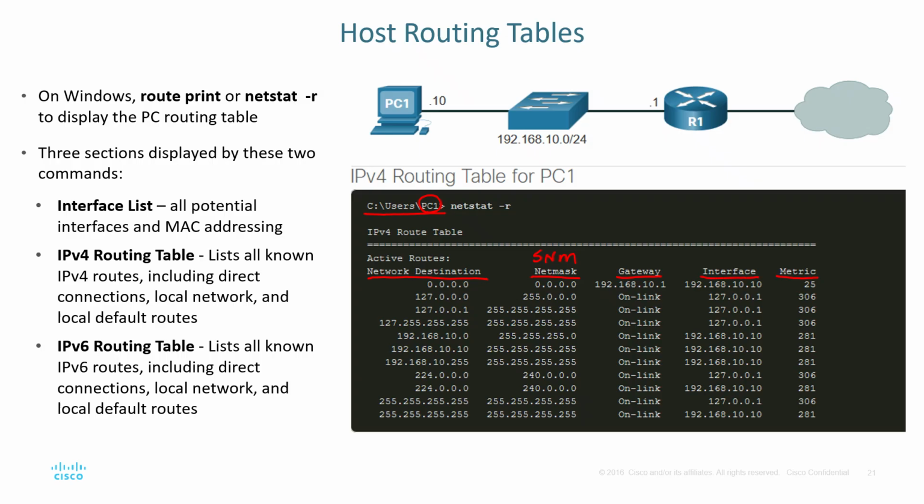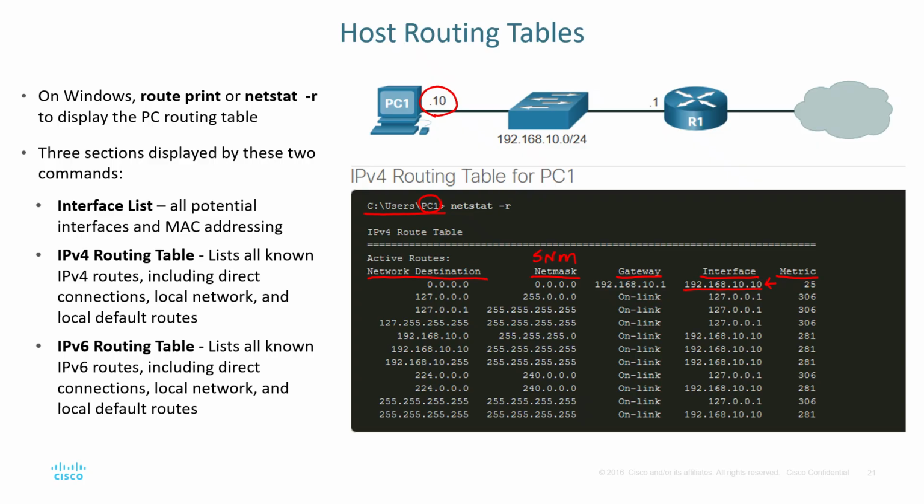So when you're looking at this, would we all not agree that the very first parameter of the interface column is the IP address of PC1?